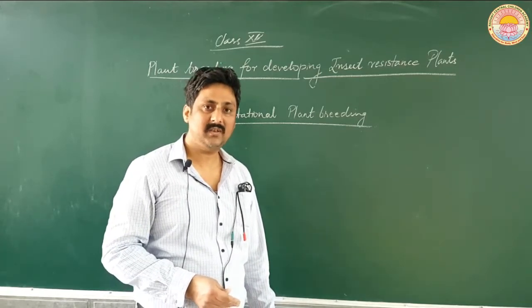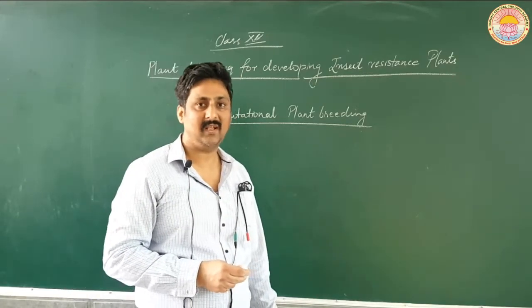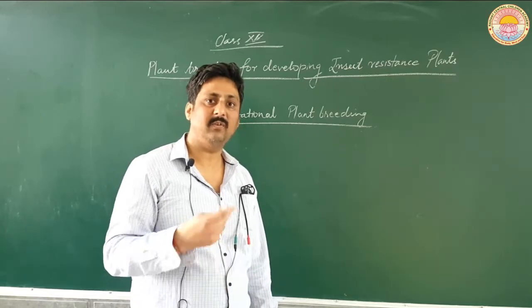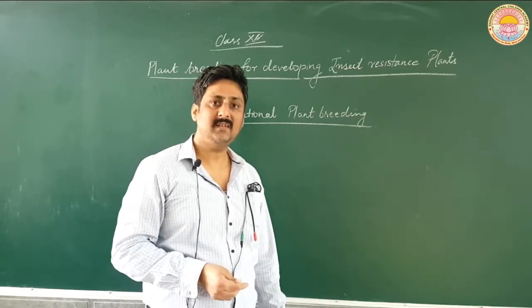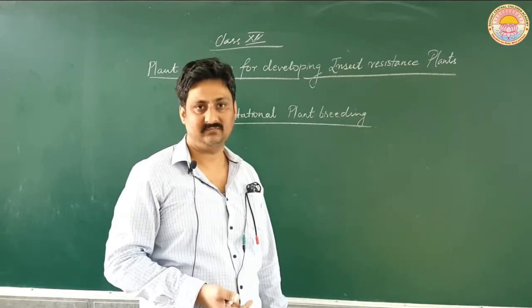Actually, what we do is we try to change the base composition of the DNA, and then we try to find whether these plants have become disease resistant or not.